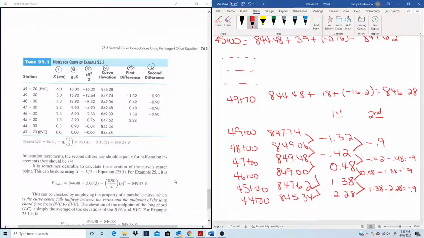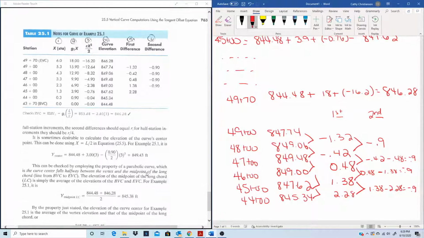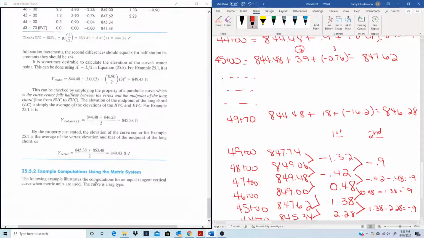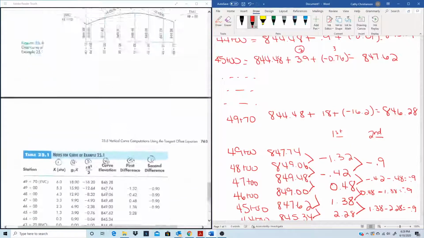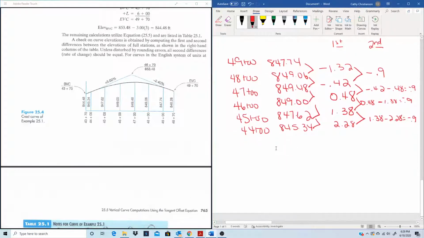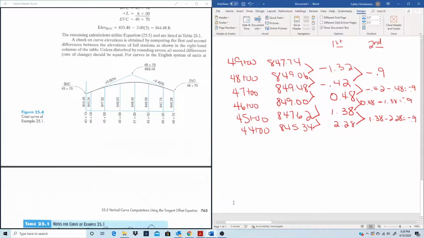Alright, so that would be everything that we would need to do. That's checking it, that's listing it. The very last thing would be doing a high point or a low point for this. So I'm going to look at that curve, and actually I can see it curves up and I see it starting to go down. That means I've got a high point. So let me come down and make me some room on the paper.